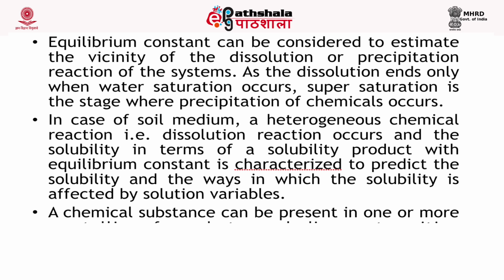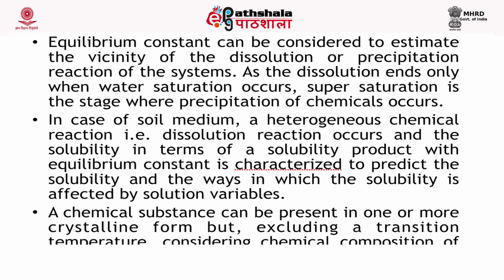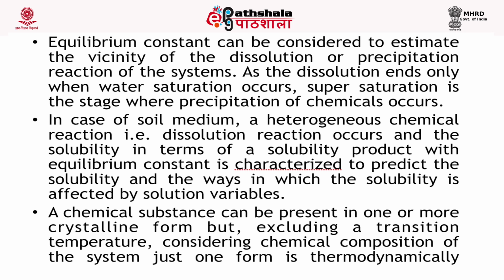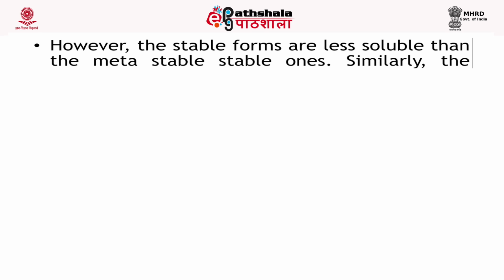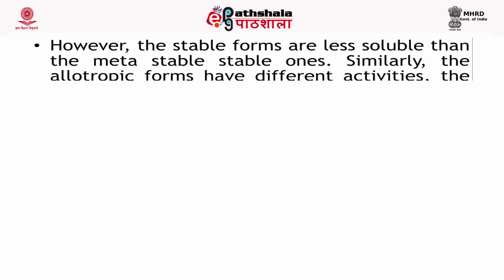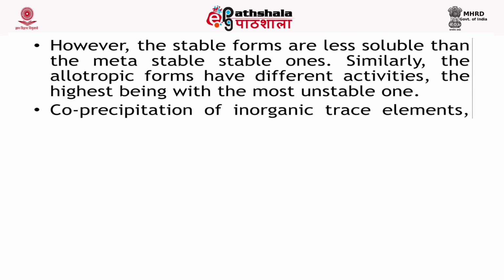A chemical substance can be present in one or more crystalline forms, but excluding a transition temperature, considering the chemical composition of the system, just one form is thermodynamically stable. However, the stable forms are less soluble than the metastable one. Similarly, the allotropic forms have different activities, the highest being with the most unstable one.